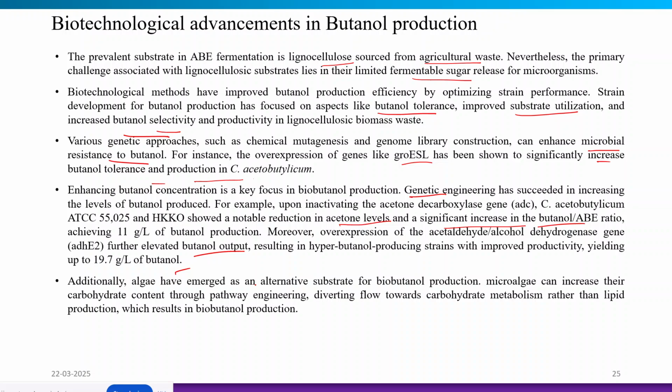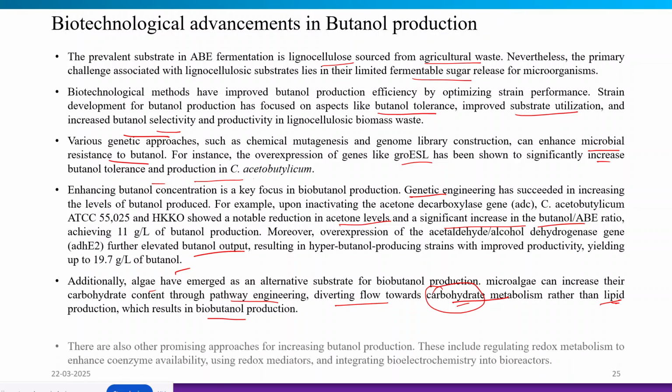Additionally, when algae are used as an alternative substrate for biobutanol production, microalgae can increase their carbohydrate content through pathway engineering, diverting the flow towards carbohydrate metabolism rather than lipid production. So when there is higher carbohydrate content in the algae rather than lipid content, there will be higher conversion of the carbohydrate to biobutanol, and biodiesel production will be suppressed.